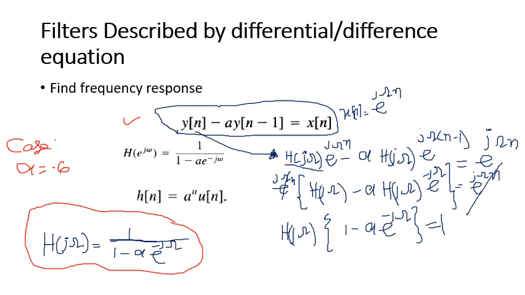In case 2, take a to be minus 0.6. Plot the magnitude and phase response for this difference equation. So that's all for today. See you in the next lecture.